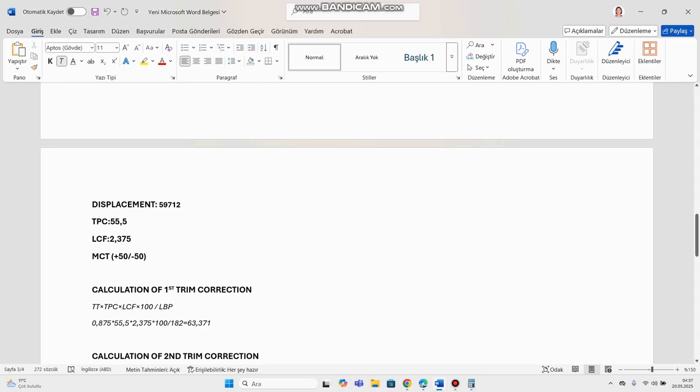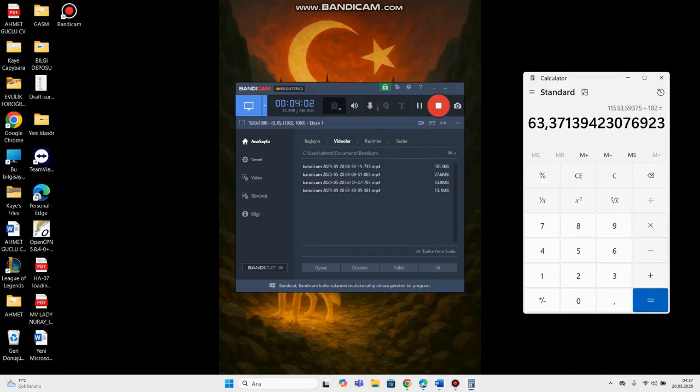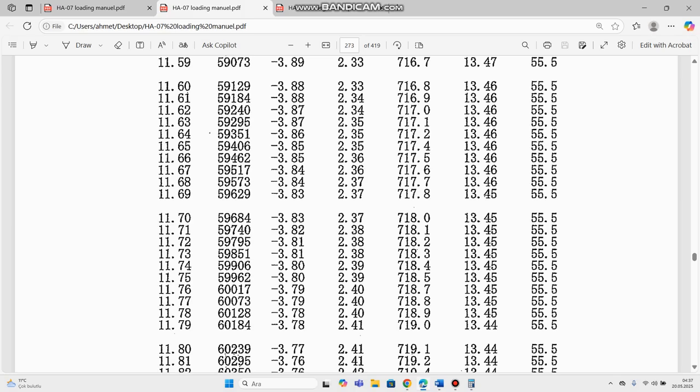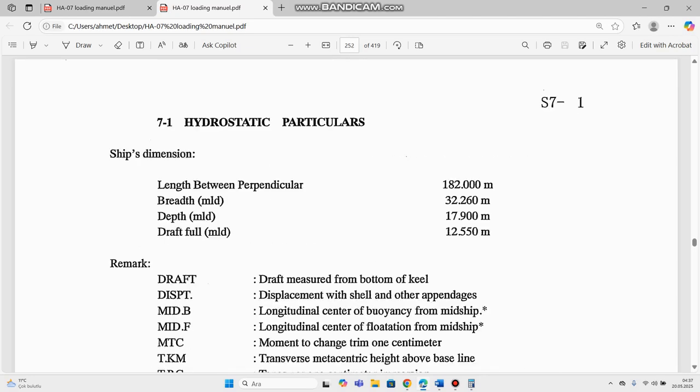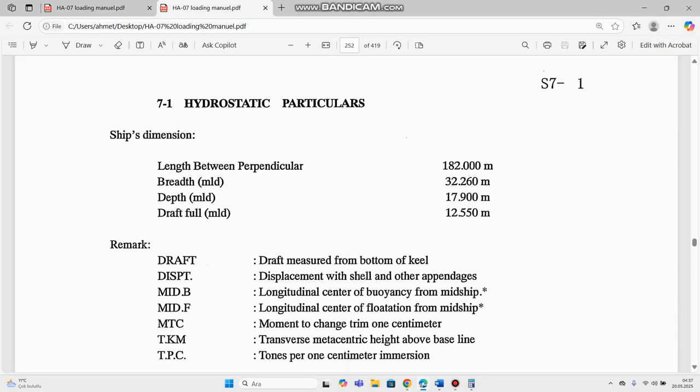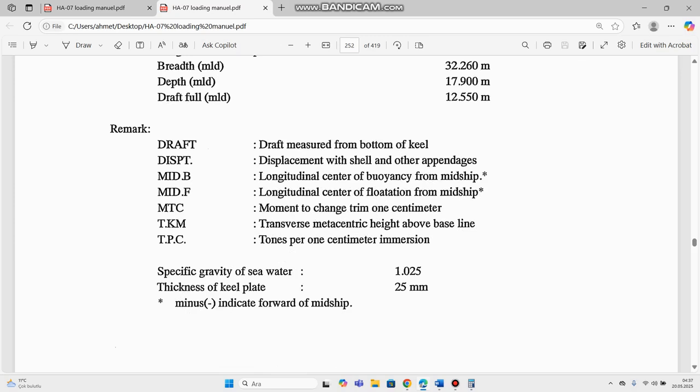What is the location of our LCF? Let's check again. Let's open hydrostatic again. Here. At hydrostatic, just a moment. At the description part, minus indicates forward of ship. Our LCF was positive, plus.